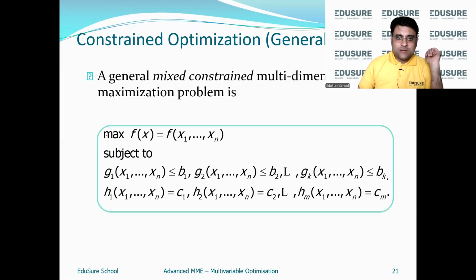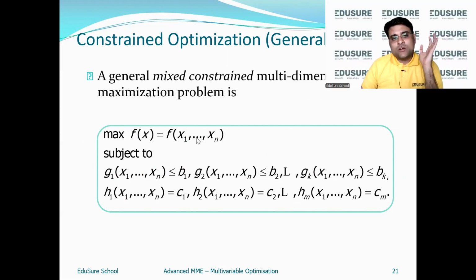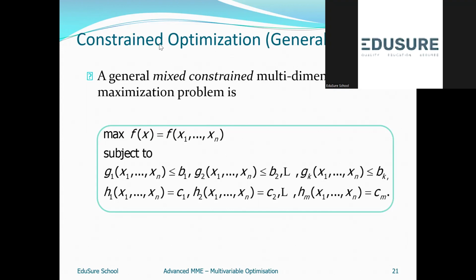So one maximizing or minimizing problem subject to multiple constraints. G1, H1, multiple constraints can be this, can be there. Now it can be equality, it can be inequality, but currently we are only thinking about कि inequality नहीं equality वाले constraints को लेकर अभी चल रहे हैं. Inequality constraints will be best understood once I go into the Kuhn-Tucker methods.